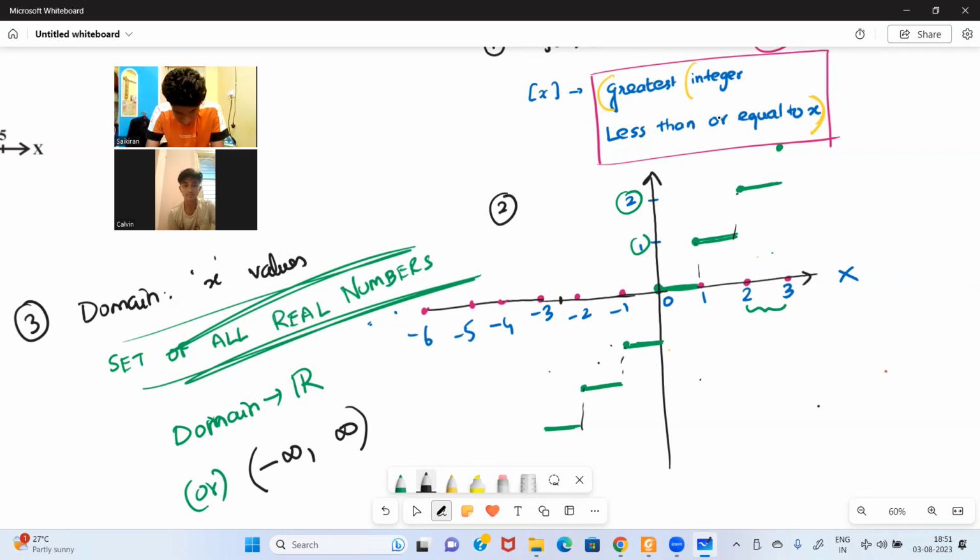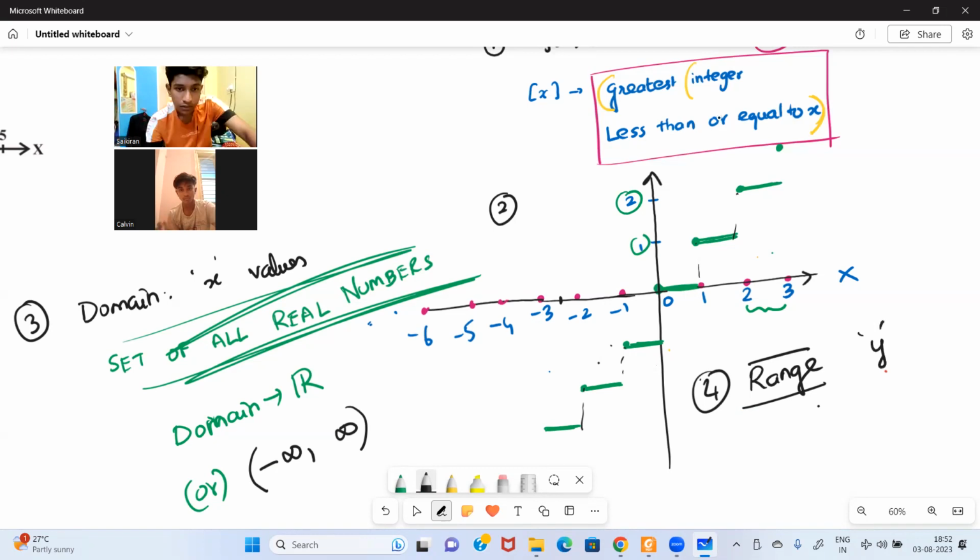Okay, good. Now, Sai Kiran, the last part of this question. Find the range. What is meant by range, Sai Kiran? Sir, the values lying along the y-axis. Very good. Or in other words, the values that y can take.